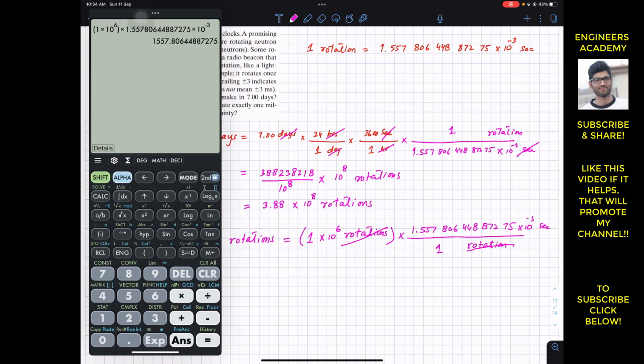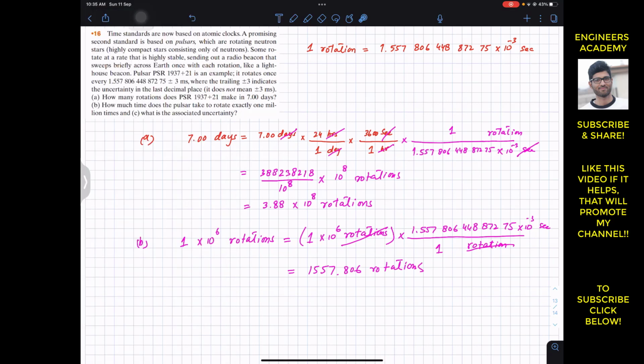So this gives us 1557.806. So now 1 million rotations is equal to this much seconds. This is not a rotation since the rotation is cancelled out, so this is seconds.